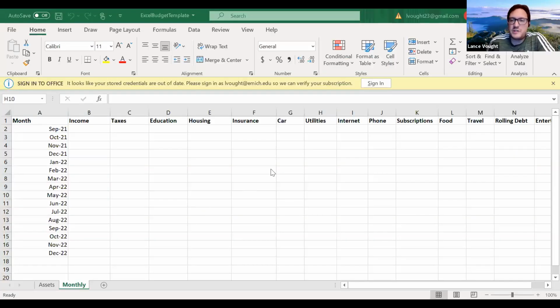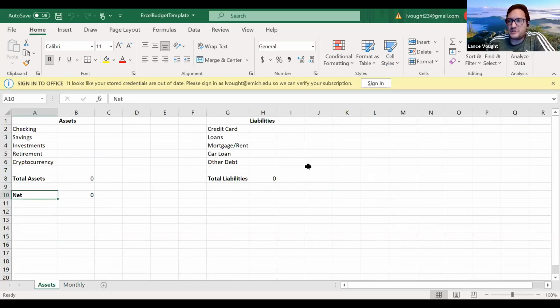Okay, so one last thing that I want to share before we adjourn for tonight is the practice Excel sheet, the Excel assignment. So I will share my screen one last time. This is the Excel spreadsheet that you'll be filling out for the Excel assignment. There are two parts to this.